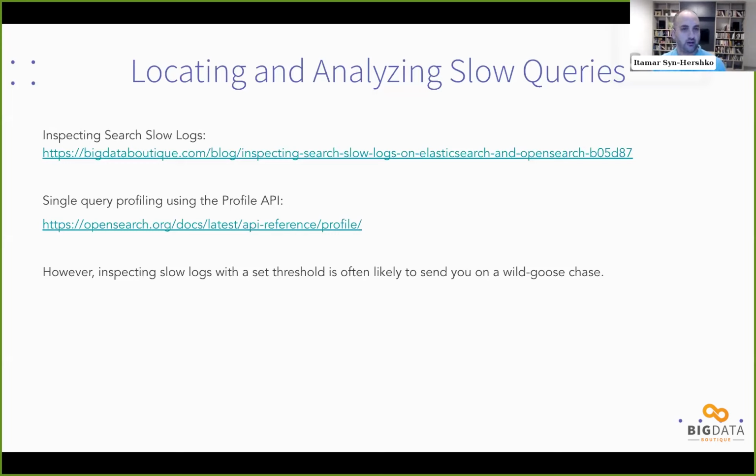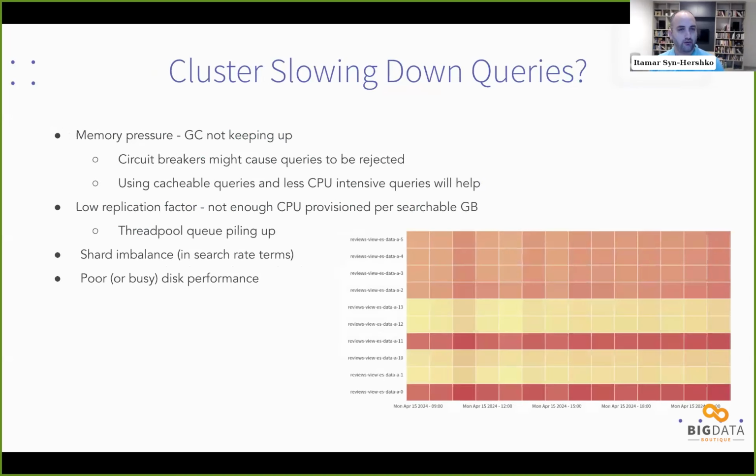But like I mentioned, if you go and just log all queries that are slow, you're not necessarily going to find the queries that are the most interesting because of the following reason. A lot of times when you experience slow queries, what's slow is not the actual query, but is the cluster that is overloaded or has performance issues, or maybe a different query triggered some sort of eager loading of global ordinals, or just a lot of parallelism or concurrency with queries, and maybe the disk is very busy.